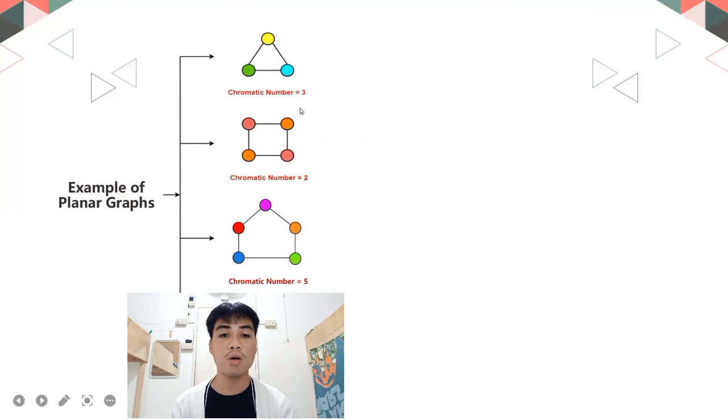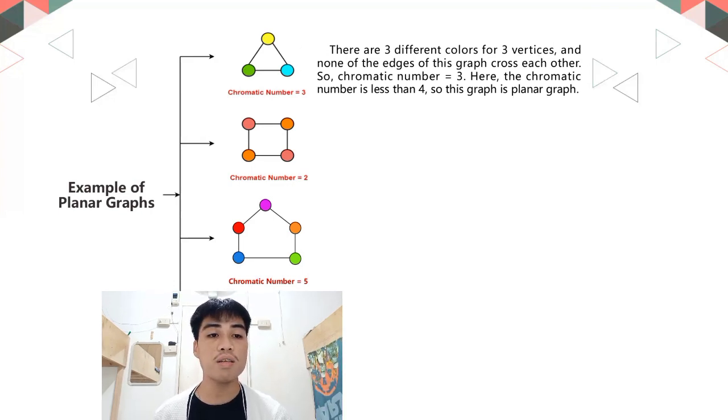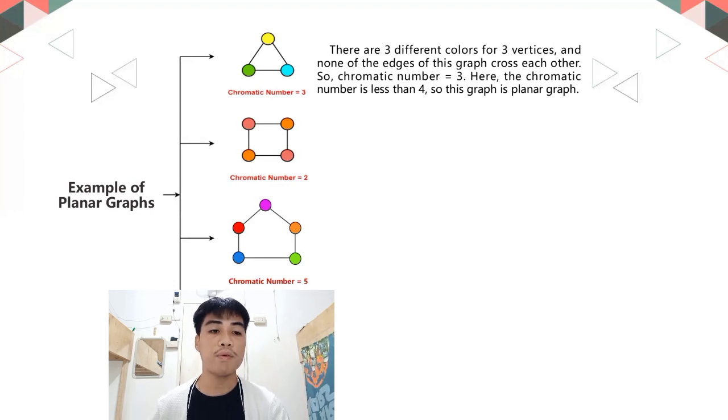Considering all these example graphs for the planar graph. For this first graph, there are 3 different colors for 3 vertices, 1, 2, 3, and none of the edges of this graph cross each other. So the chromatic number for this graph is equal to 3.